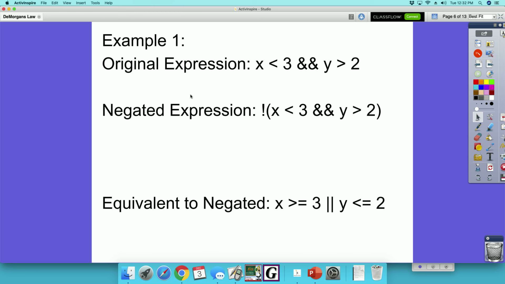So here's an example. We have an expression, x is less than 3 and y is greater than 2. If we were to negate it, we would distribute the not to this less than, we would distribute the not to the and, and we would distribute the not to the greater than. So it would become x is greater or equal to 3 or y is less than or equal to 2.